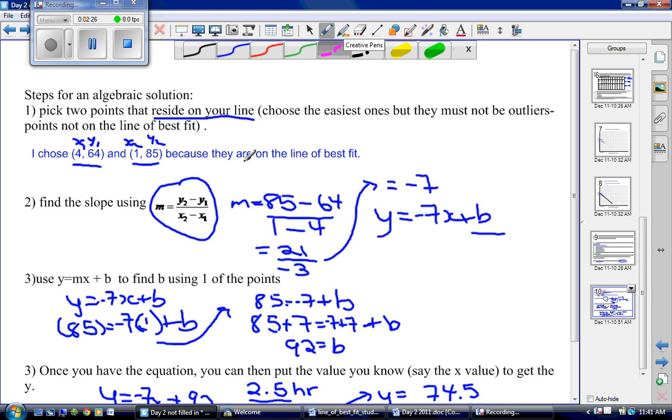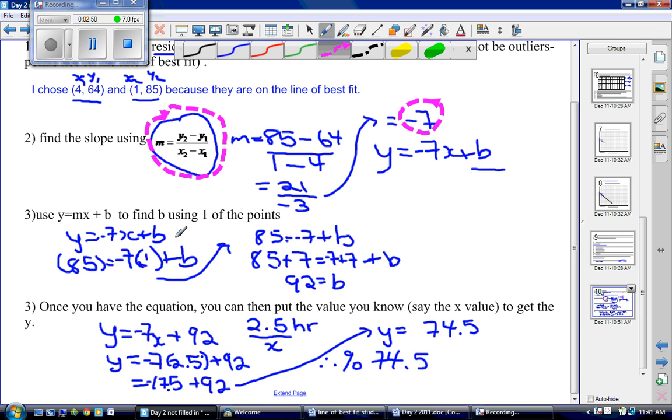And I used what I learned in my previous work, chapter 5: m equals (y2 minus y1) over (x2 minus x1). I plugged in the values, and I ended up with -7 as my slope. So now I can put that into the equation and use it.